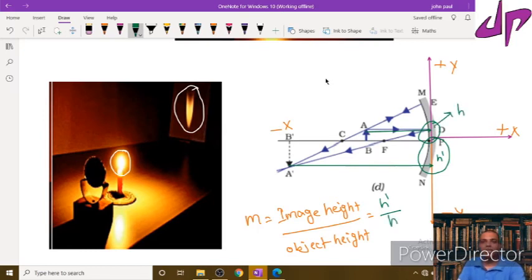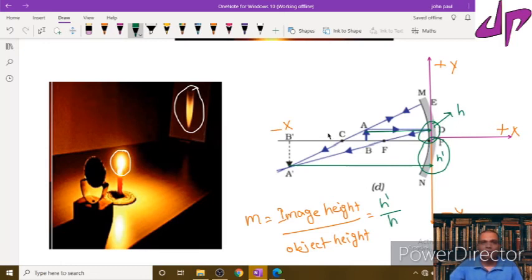So the simplest magnification formula is m equal to height of the image divided by height of the object. Depending on the magnification formula, we can understand how much bigger the image formed by the spherical mirror is.